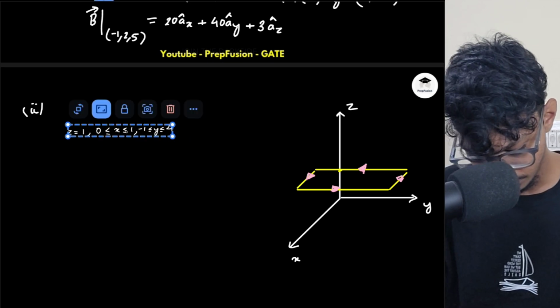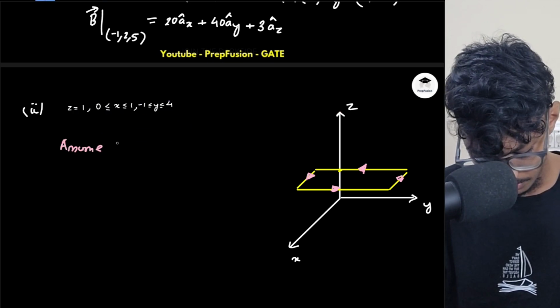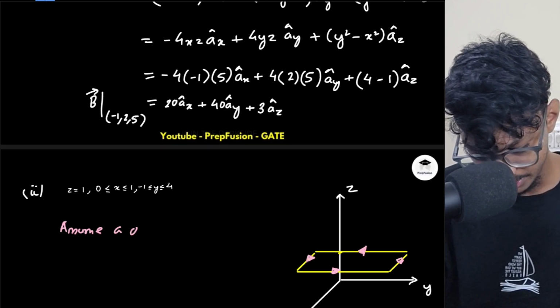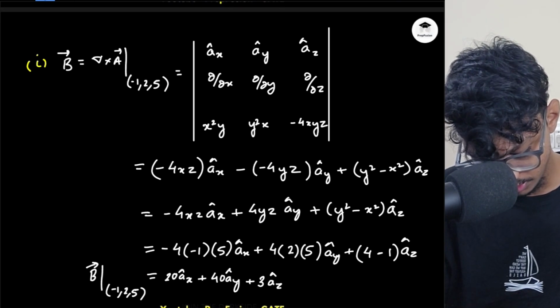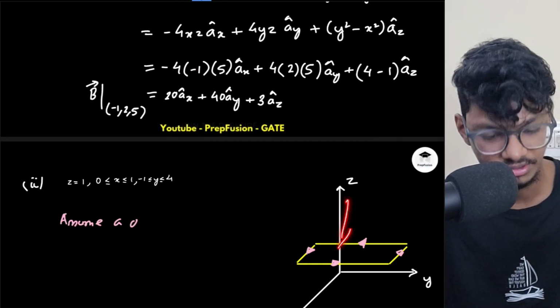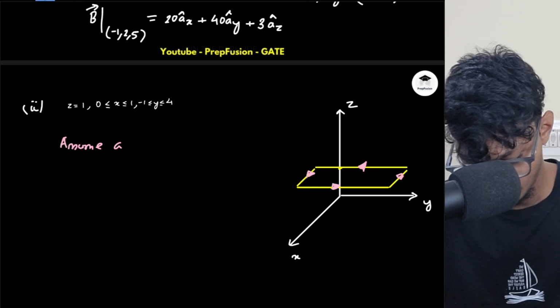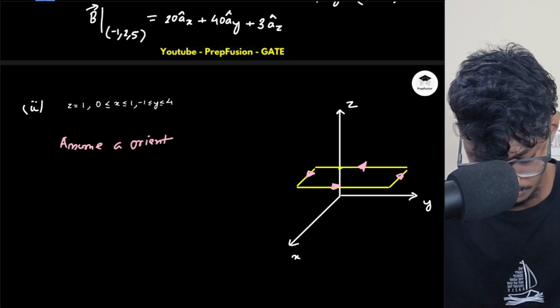You can assume some orientation in the positive direction. So assume an orientation of the closed curve.